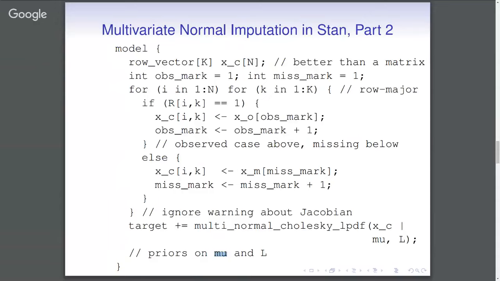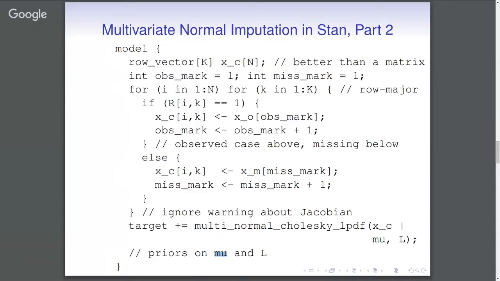We could use some other distribution. What if we wanted to not assume that the data were missing at random, and we wanted to add on a part of the model that modeled R? And so allowing the data to be missing not at random, or not missing at random, which are the same thing. We could easily do that in a Stan program.